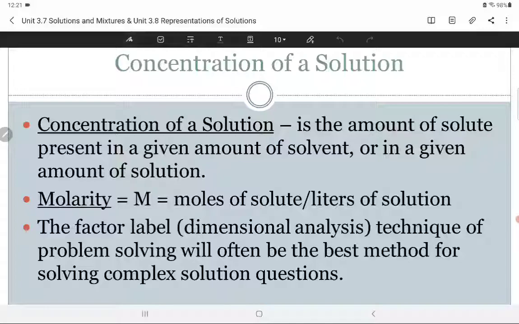We'll typically use molarity to describe the concentration of a solution, and that is moles of solute divided by liters of solution. And we're typically going to use a factor label method to be able to solve for whatever questions deal with that.